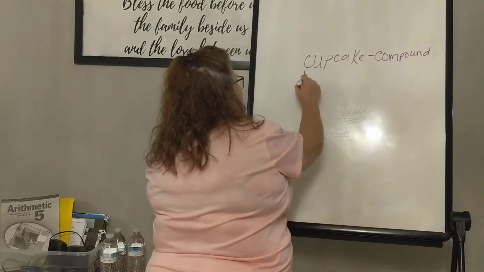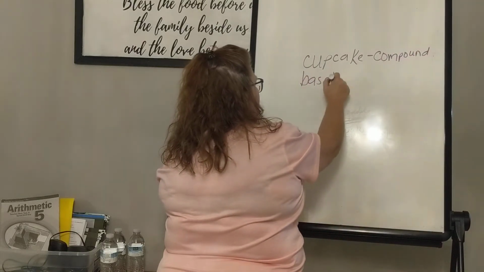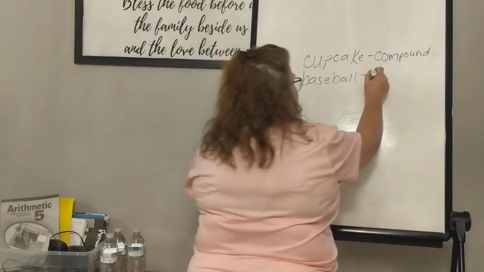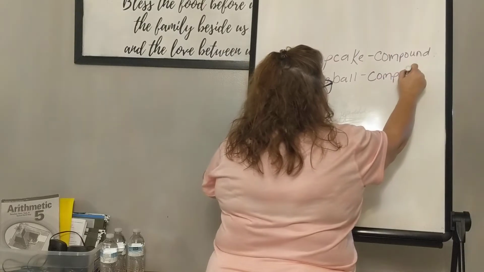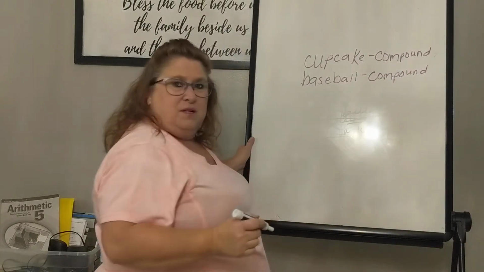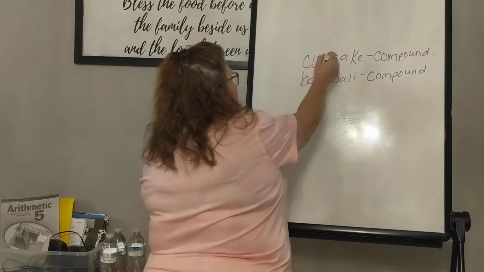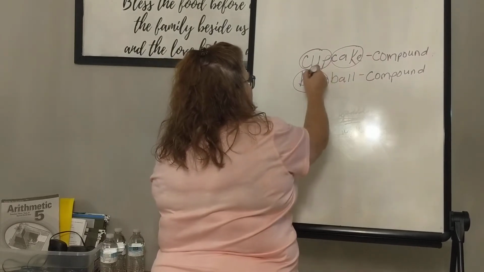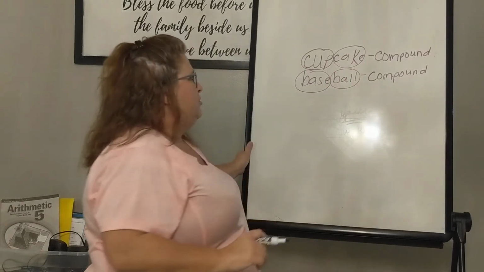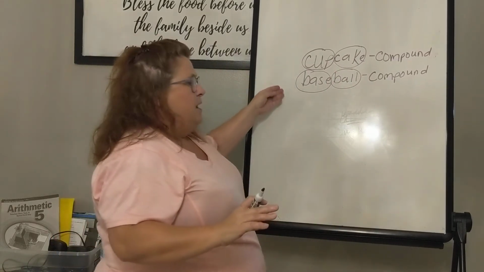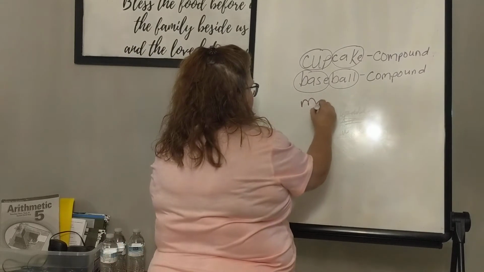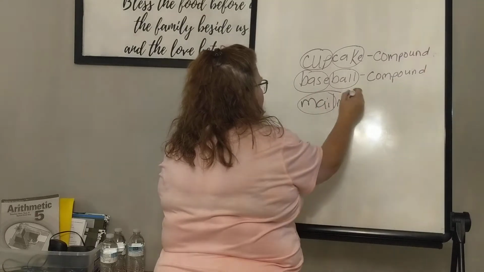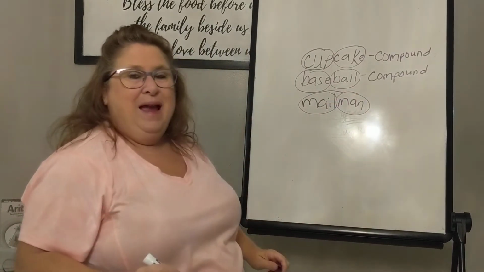If I wrote the word baseball, what kind of word is baseball? It is a compound word. Now, what makes these words compound words? The fact that there are 2 words. Cup, cake, baseball. Two words making up 1 word. Cupcake, baseball, mailman. 2 words make up that whole big word, mailman. So these are compound words.